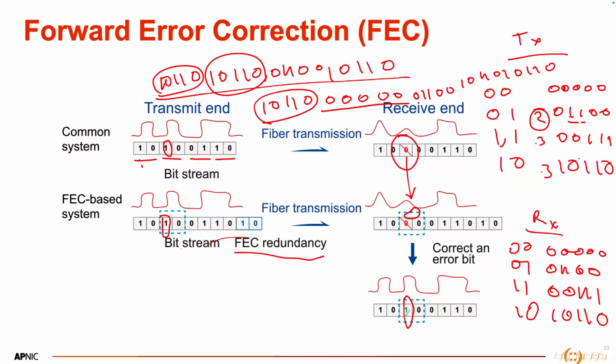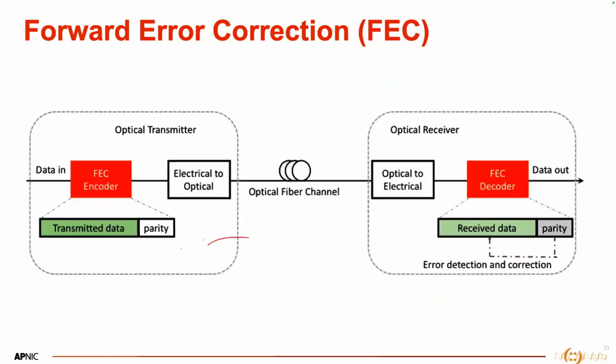So when there is a change in bits, you can ask, how does the receiving side understand that there is a change? It checks the parity. So see the previous slide, parity. The transmitted data is transmitted with a parity bit, and at the receiving end, there is also a parity check.